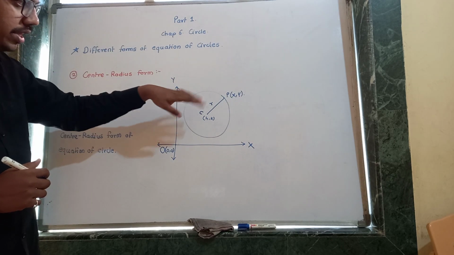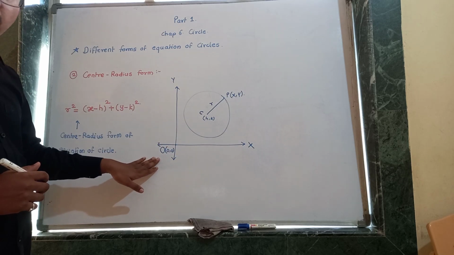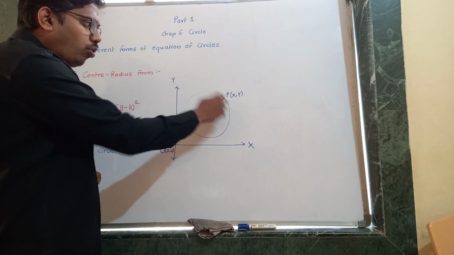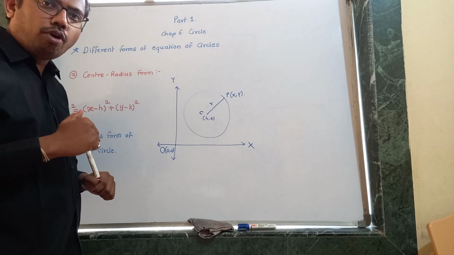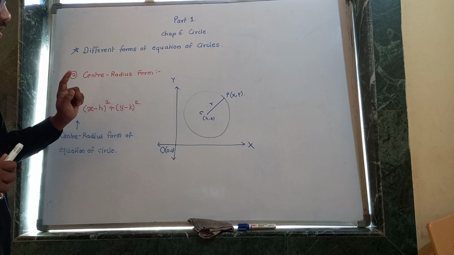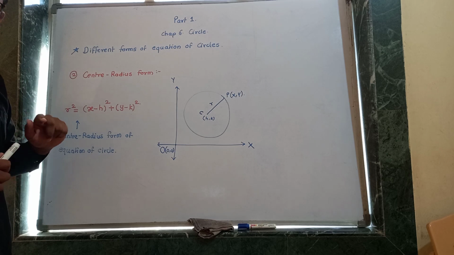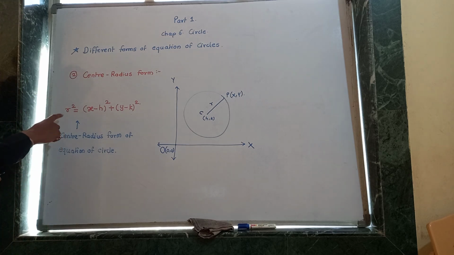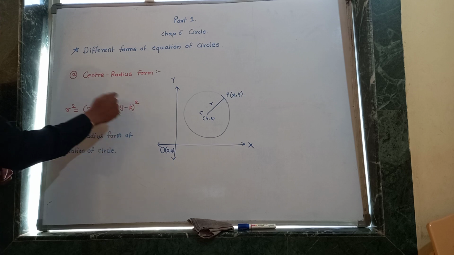So if the center is other than the origin, and the center and one more point are given to us, then that form is called the center radius form. Why? Because the center is provided as well as the radius is given to us.